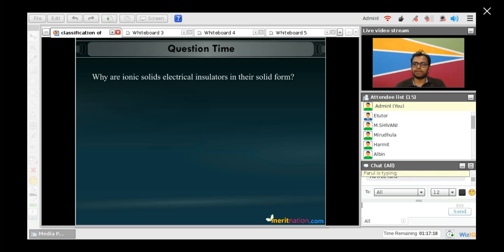No free ions, right? Or free electrons. That's why they don't conduct electricity and they are insulators. Because of the absence of free electrons or movable ions, there are no charge carriers, and that's why they are insulators.